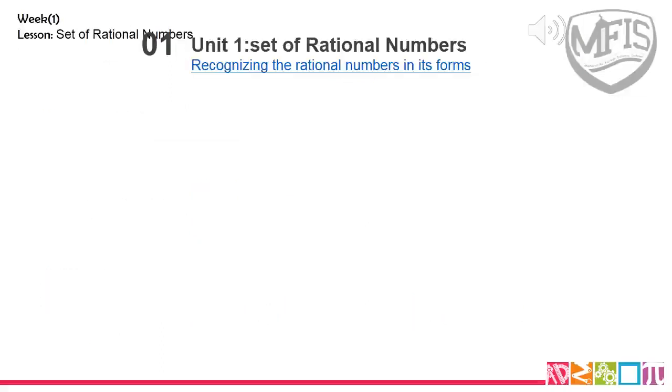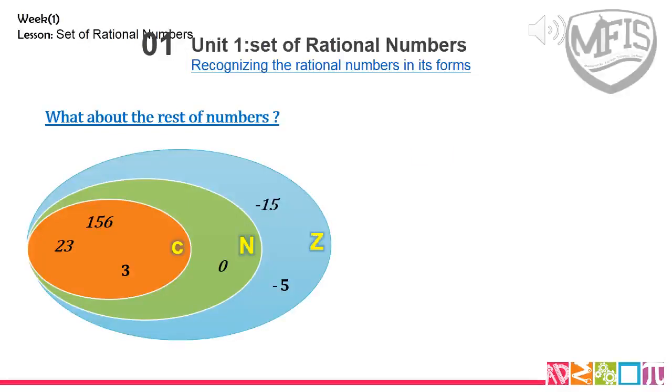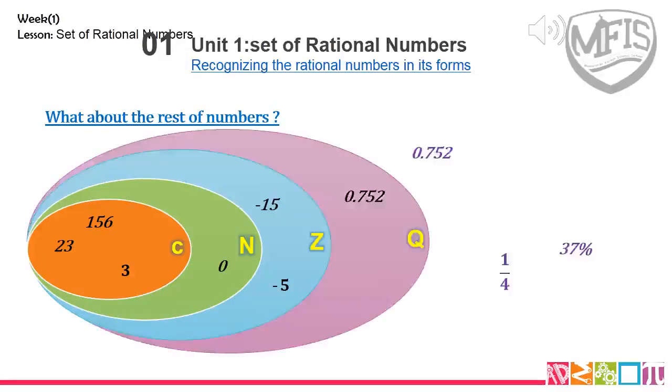Let me go back again to our previous example, which is about the classification of some numbers. I have here 3 numbers without a set. So I will put now a new set, our new set Q, and let me ask you where I can put 0.752.